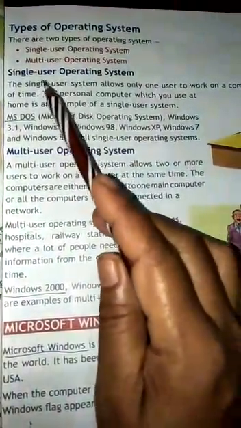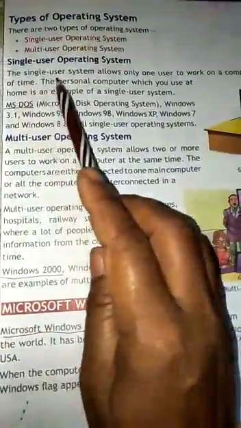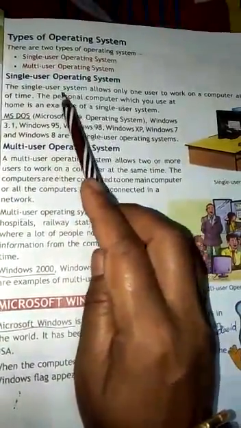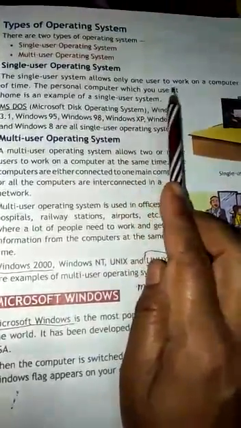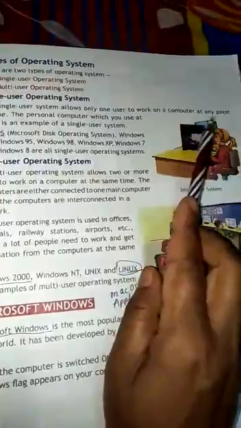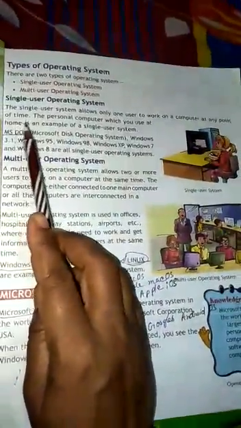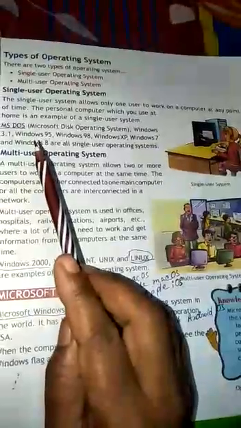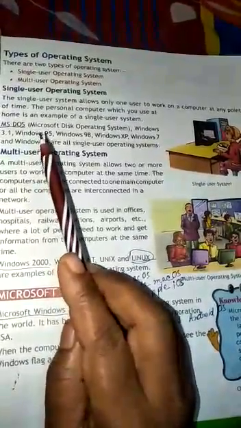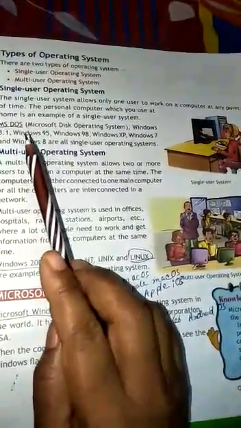Single user system allows only one user to work on the computer at any point of time. In a single user system, only one person is allowed to work on the computer at a time.